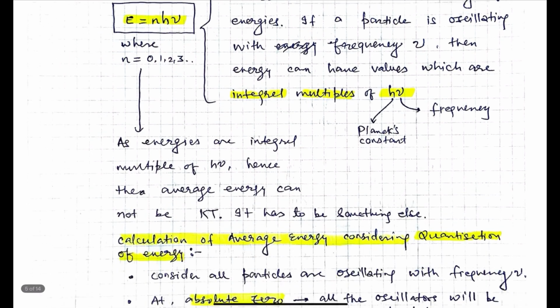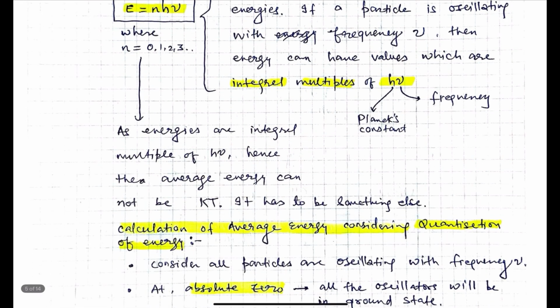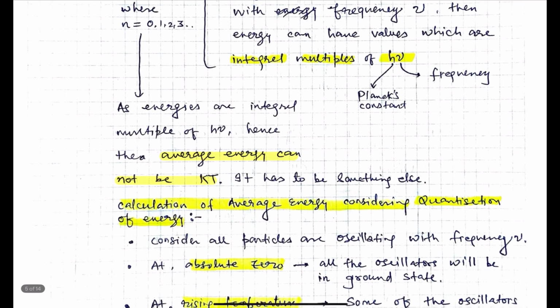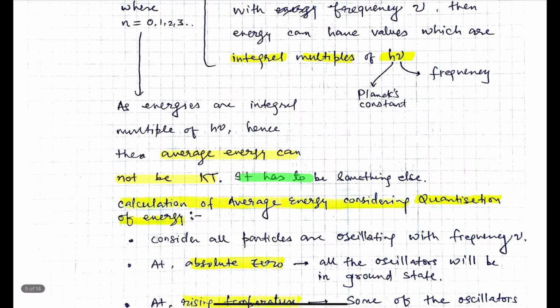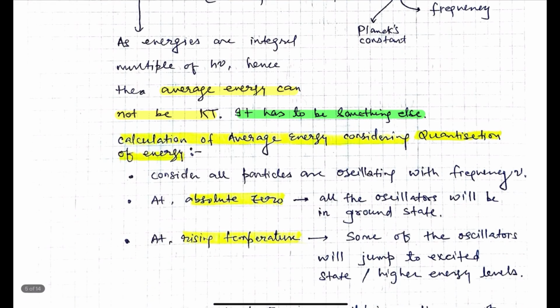Now let me tell you very clearly, as energies are integral and not continuous, that means the average energy now cannot be kT, which we derived from the classical equipartition theorem. Average energy cannot be kT, and this has to be something else. So what it has to be, let us see. We are going to calculate the average energy considering the quantization of energy.